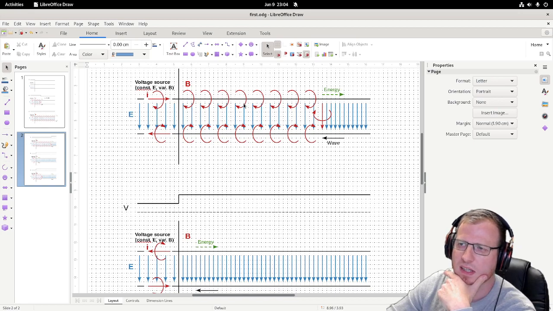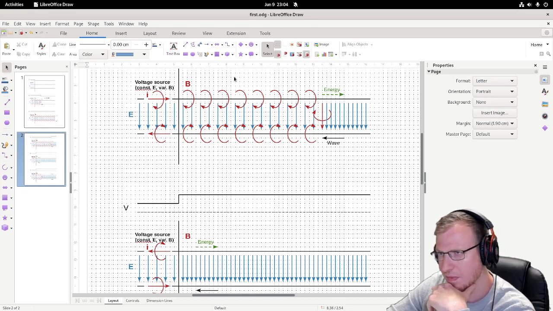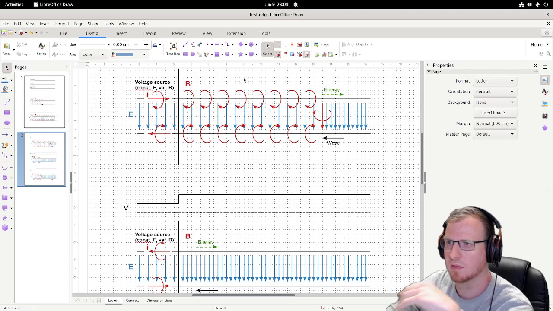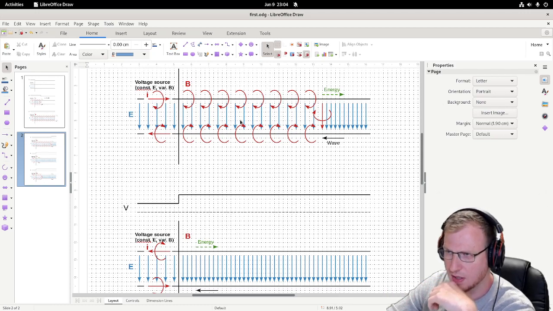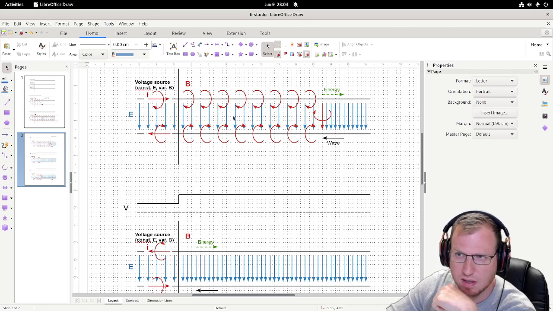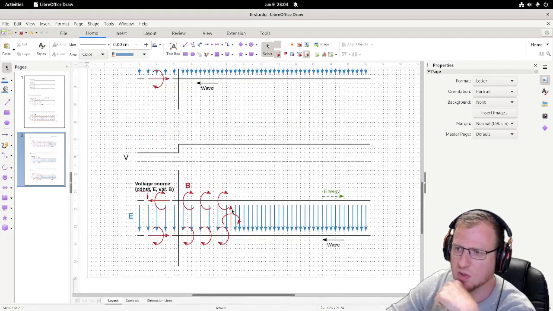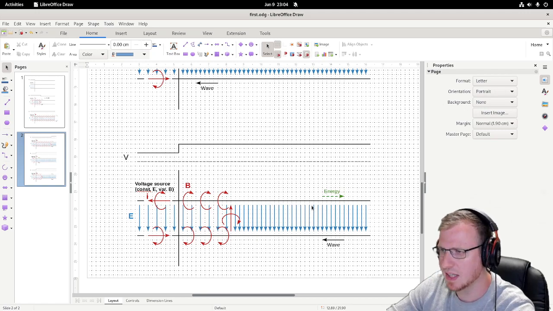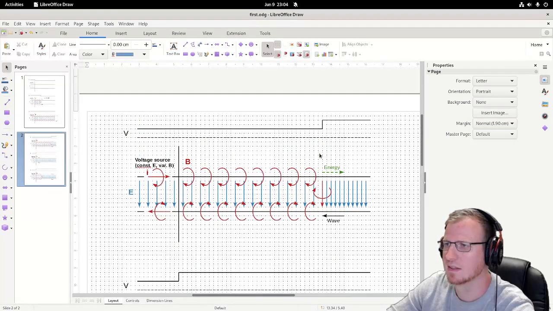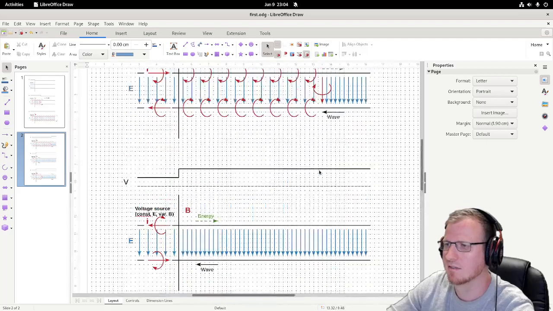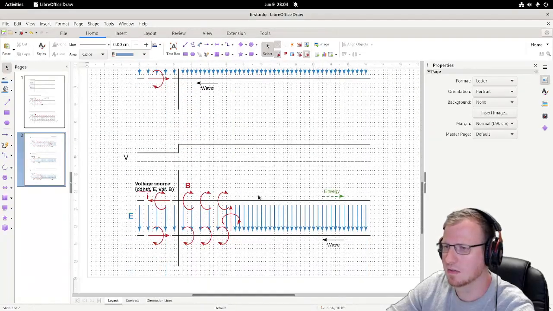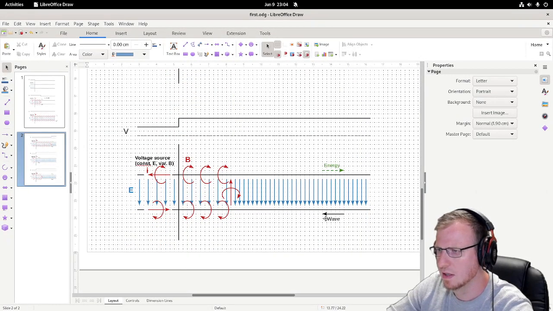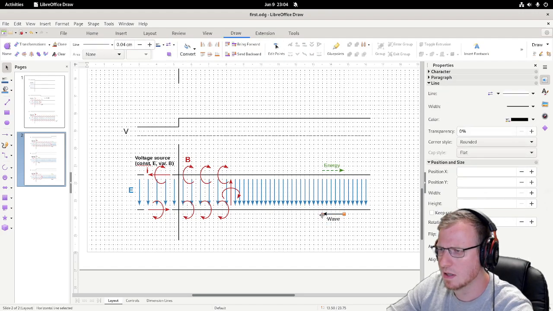At first, the magnetic field was going into this area, and now it's going out of this area. And going out of this area means that the wave is now going in this direction.